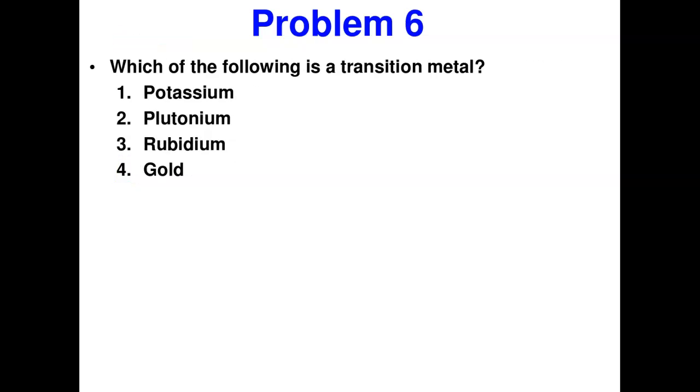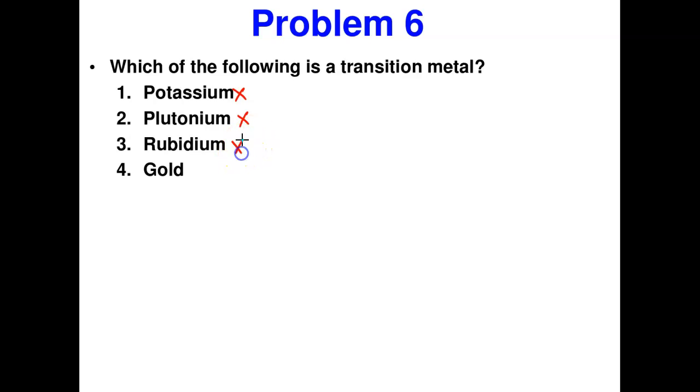The next question. Which of the following is a transition metal? So if you look at them, potassium is not a transition metal. Plutonium, is it a transition metal? Look at it. No, it is not. Rubidium, is it a transition metal? No, it's located in the S block.